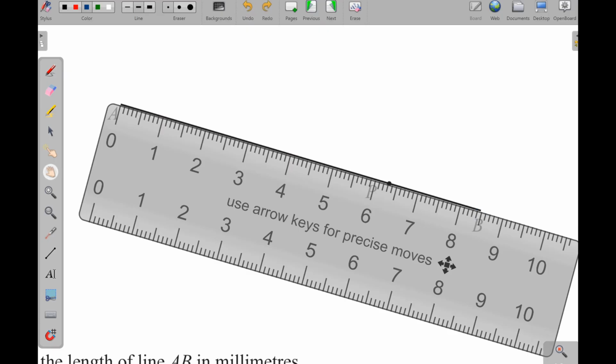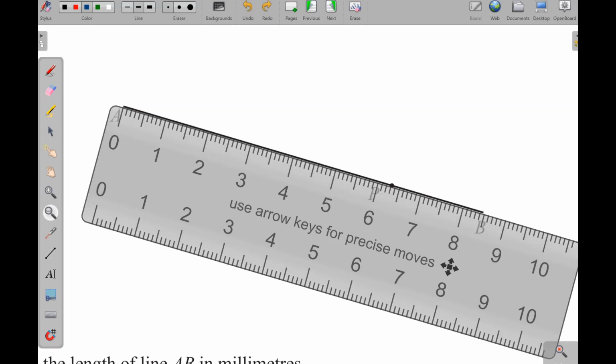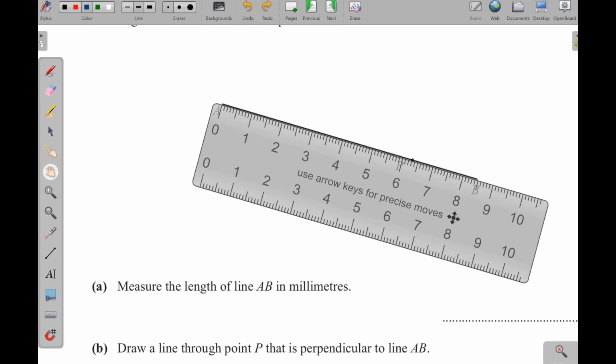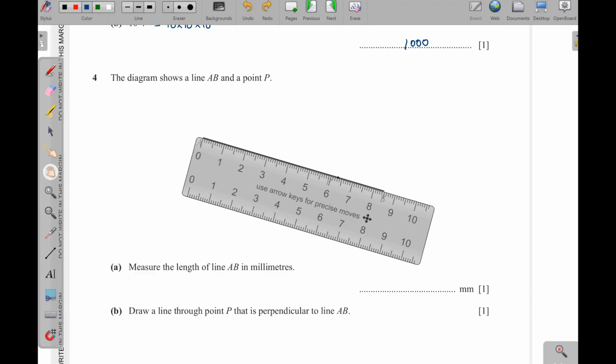So if it is 8.5 centimeters, then that will be 85 millimeters. Based on what I've measured here, I'll put 85 millimeters.